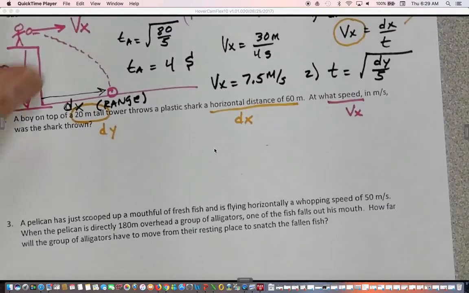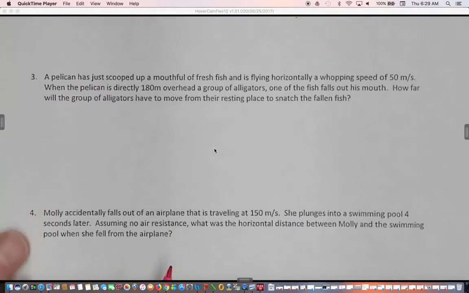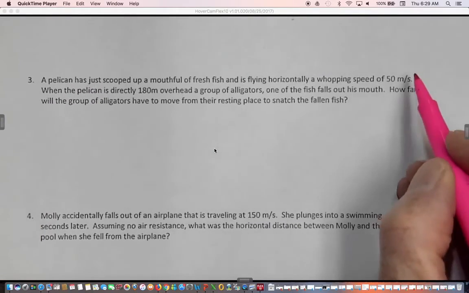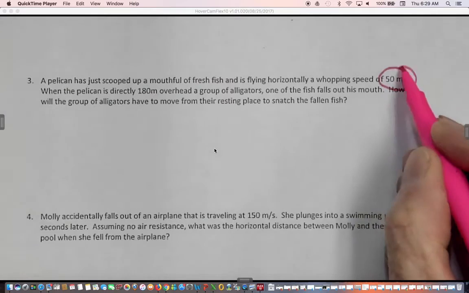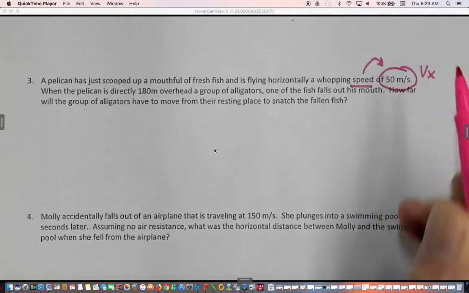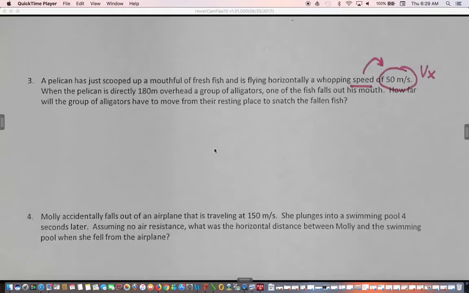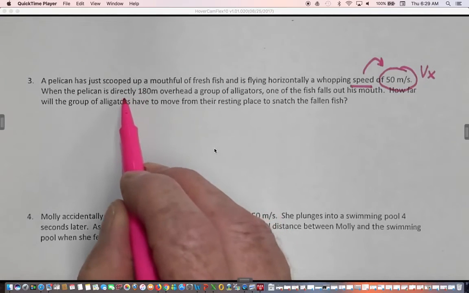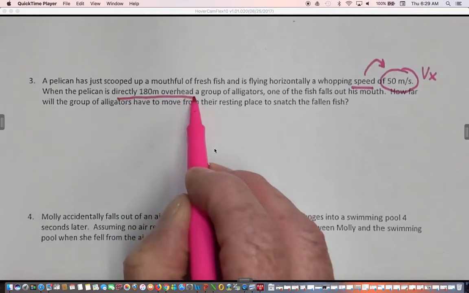Going to the next problem. Here, they're going to give you your Vx because they say speed. So that is your x velocity. Here, it says overhead.